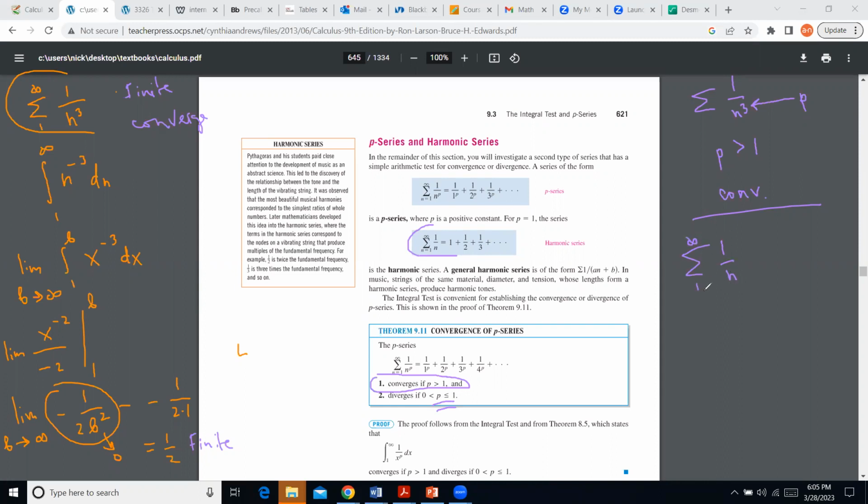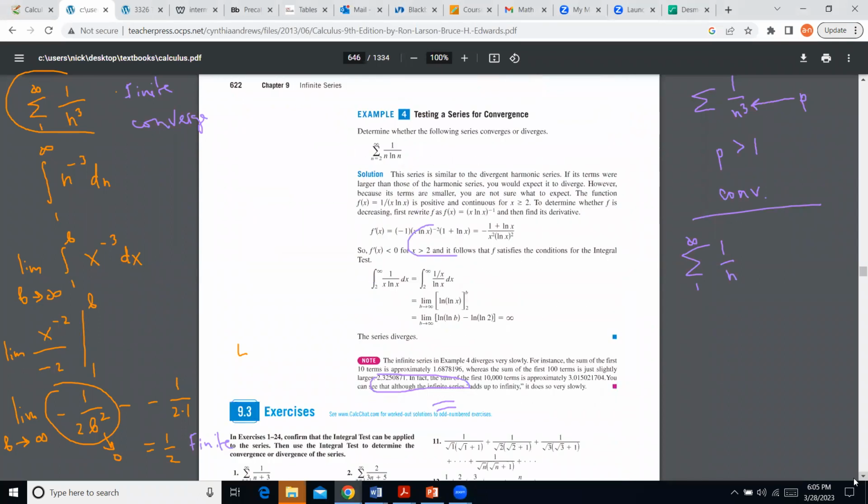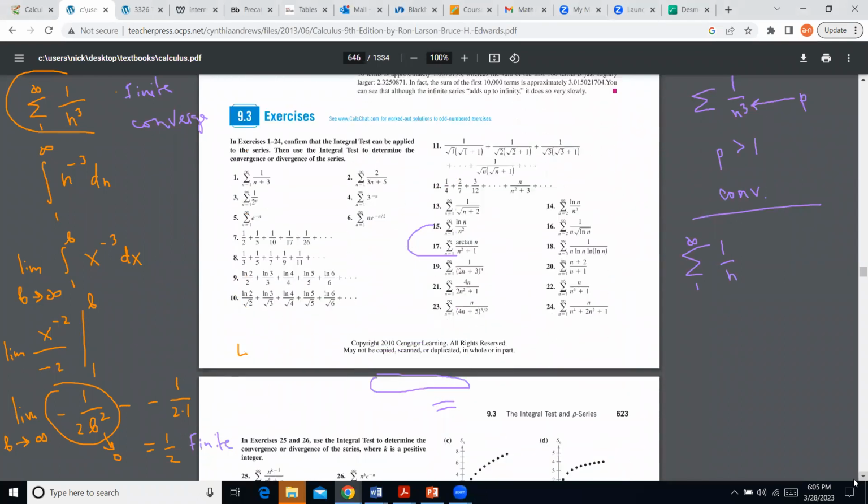So n starts at 1, then 2, then 3, etc. And in exercise number 1, we are going to actually experience the series which is a friend of 1 over n. Please notice that this is going to be analogous to 1 over n. So this is going to also diverge, right?